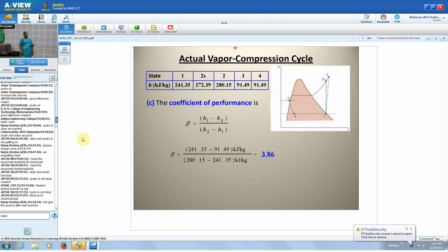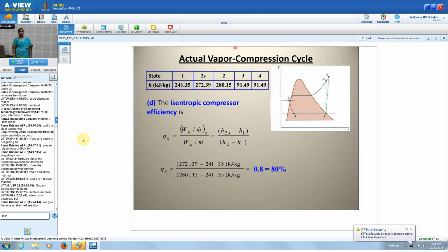Then the coefficient of performance. H1 minus H4 is the refrigeration effect, divided by the work input H2 minus H1. That is 3.86. Then the isentropic efficiency of the compressor: isentropic work required, H2s minus H1, by the actual work required for compression, H2 minus H1.